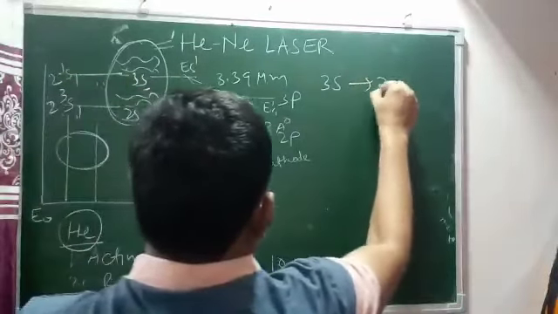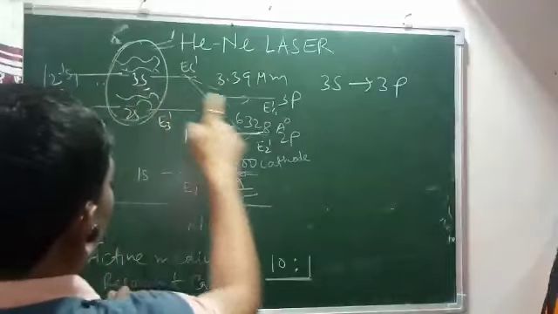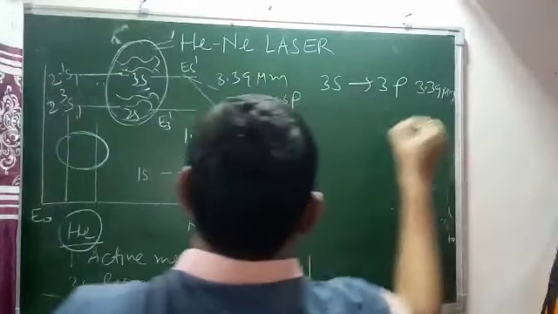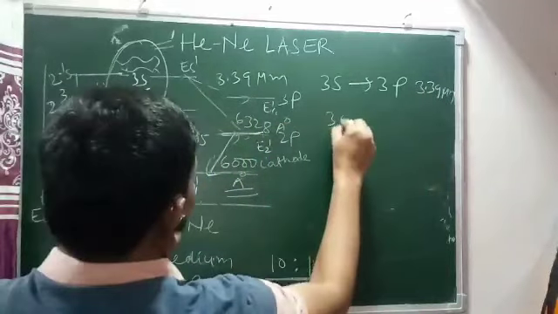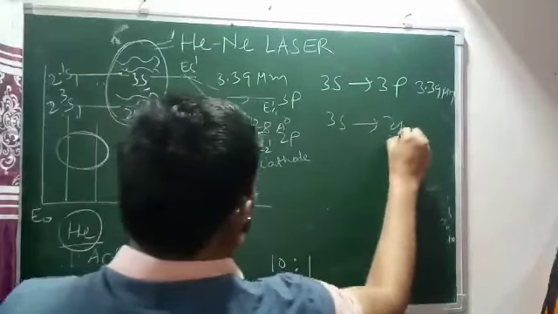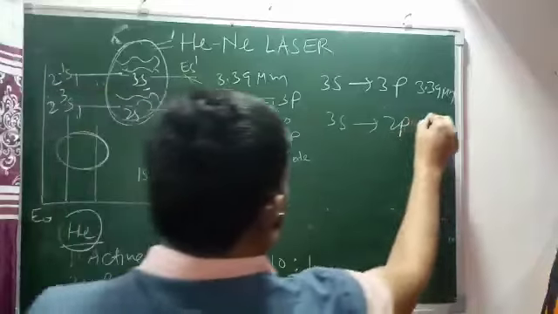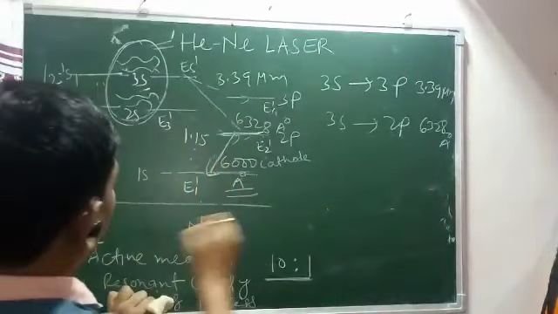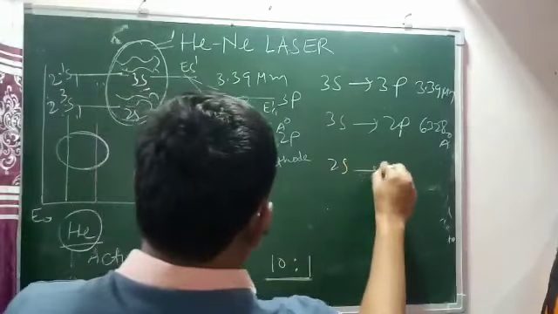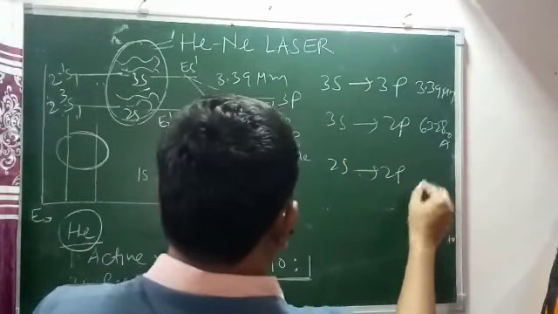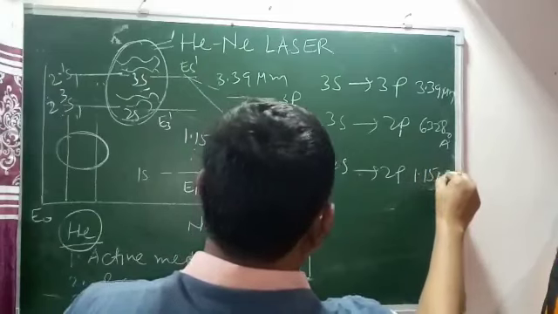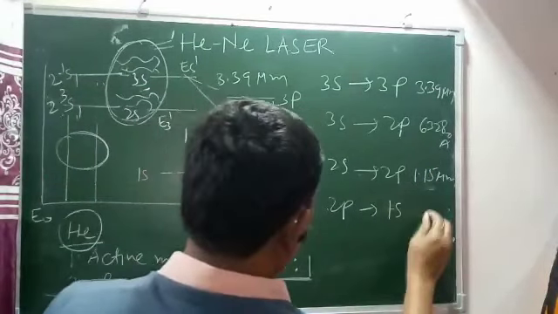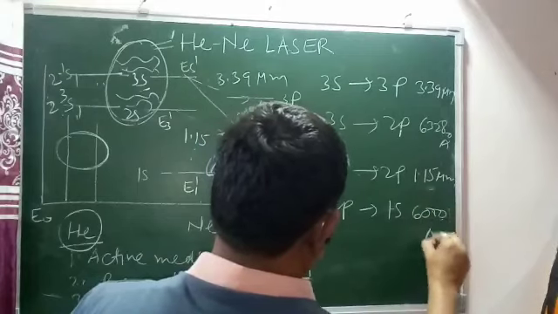Here we write the transitions separately. 3s to 3p, this is 3.39 micrometer, and 3s to 2p, 6328 angstrom, and 2s to 2p, this corresponds to 1.15 micrometer, and 2p to 1s, this corresponds to 6000 angstrom.